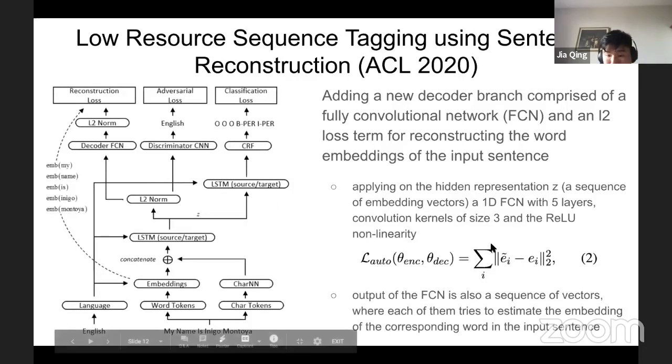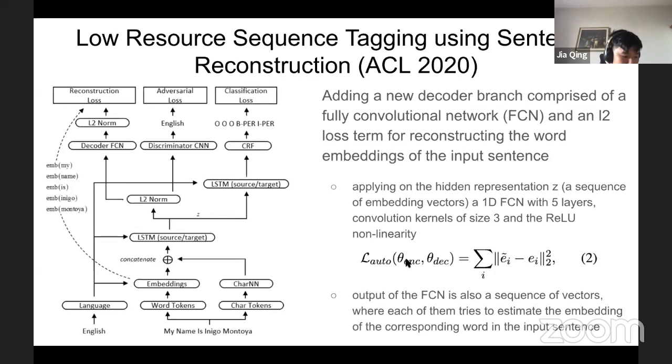That's why you see this loss function over here, where it takes the feature representation of the input tokens, as well as the input tokens in the input sentence, and the hidden representation of what the decoder is predicting to be the input sequence, and then you take the loss from there. So this is an L2 loss.